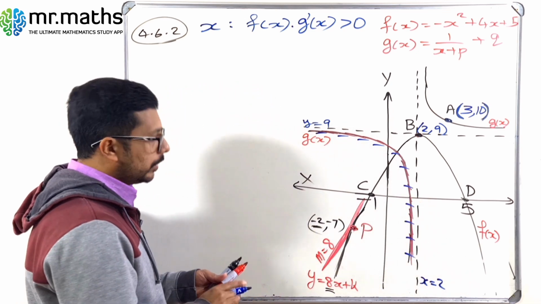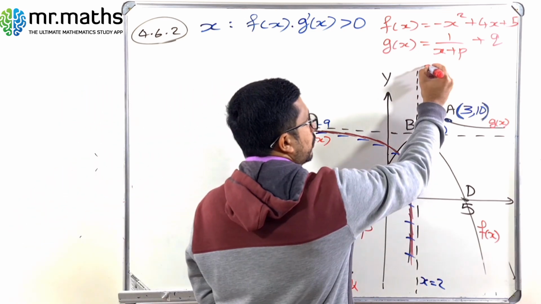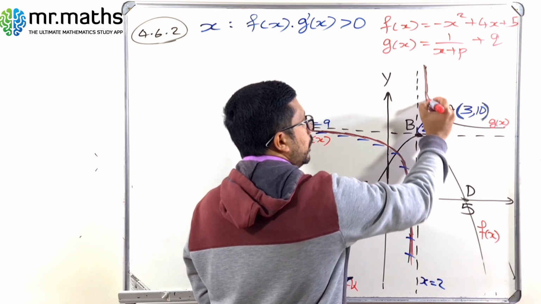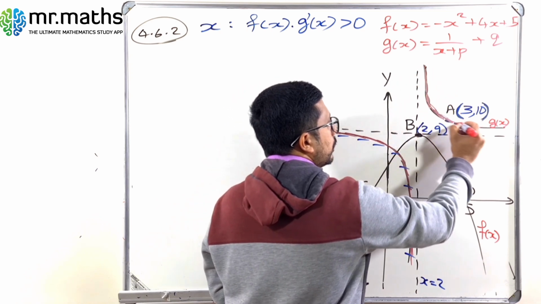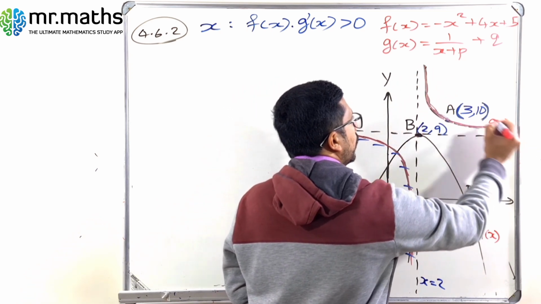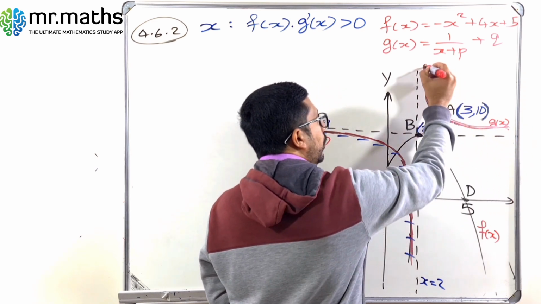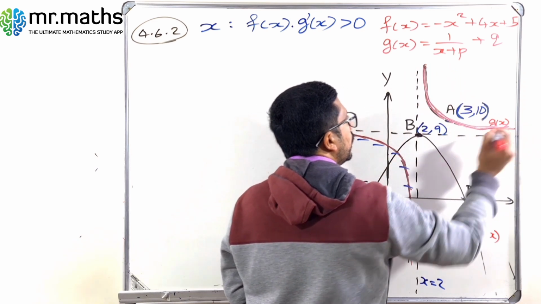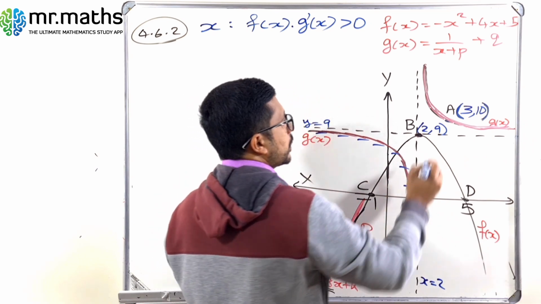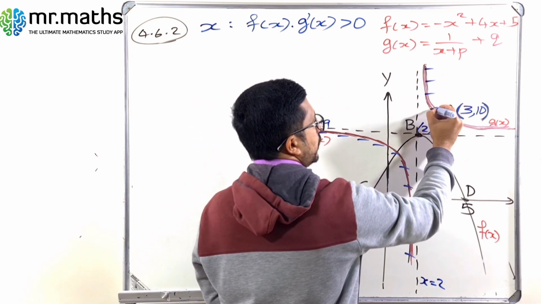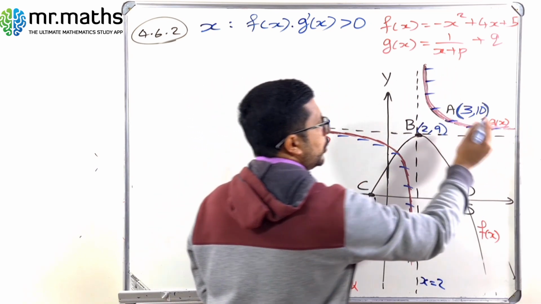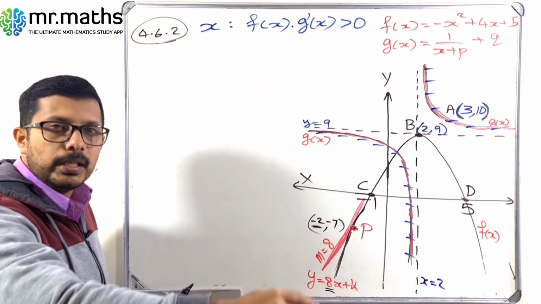Okay. And look at this g of x also. Here also, is it increasing or decreasing? Of course it is decreasing. Am I right? So in all these cases, what is g dash of x? Negative, negative, negative, because the original graph is decreasing.